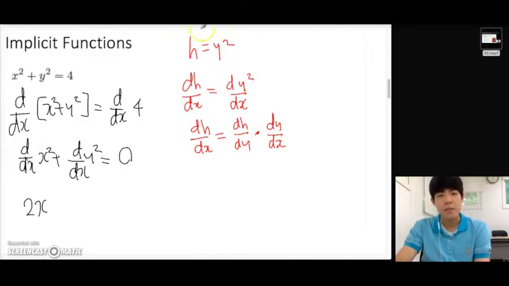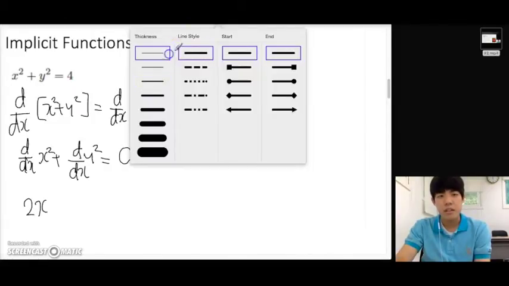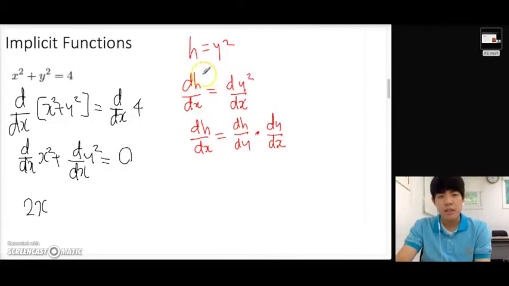Now, dh/dy looks quite familiar. We can find this out by using another color. Let's derive this in terms of y. So dh/dy equals d(y squared)/dy, which equals 2y.